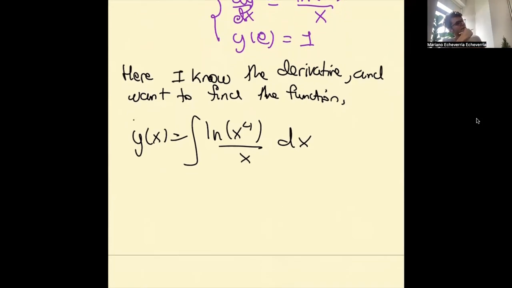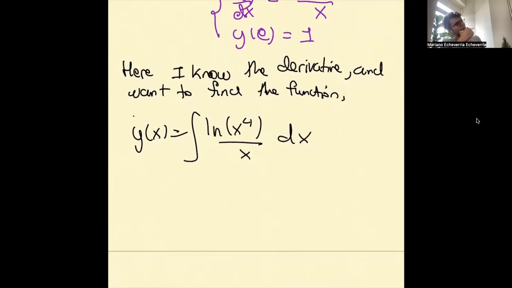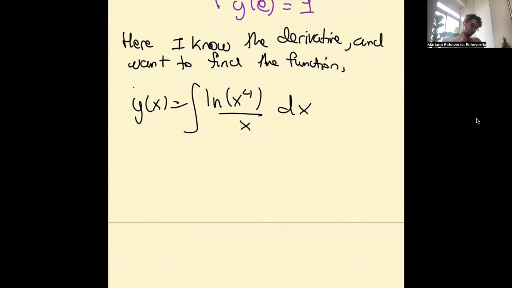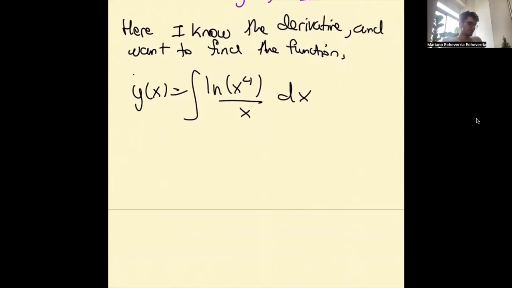Let's see. Okay, yeah, we can do it without the trick, but it is a little bit more weird. There's no way for us to integrate this without using a substitution.